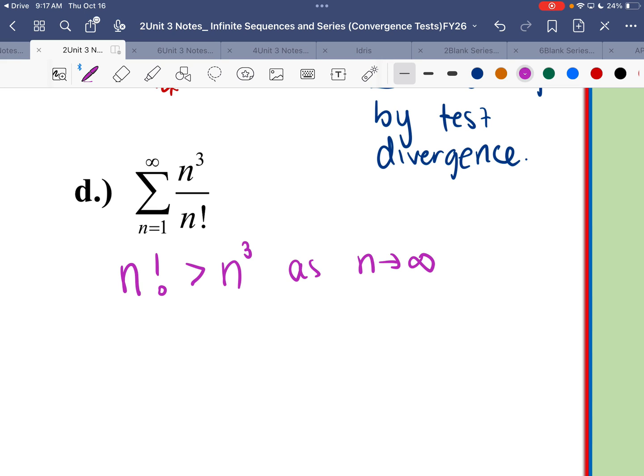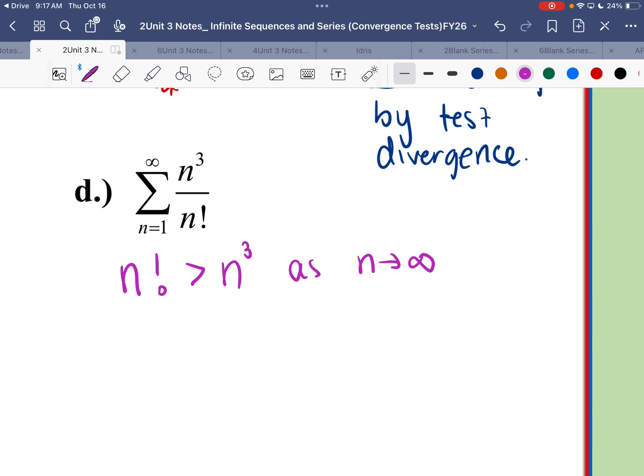Think about maybe not at the beginning, right? Like 3 factorial is 6 and 3 cubed is 27. But 100 factorial is 100 times 99 times 98 times 97, all the way down to 3.